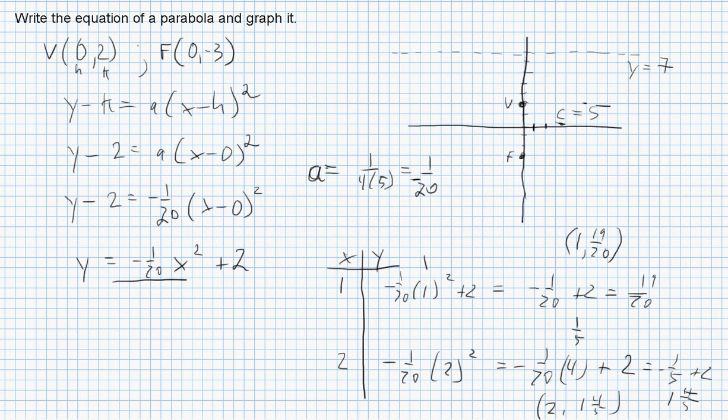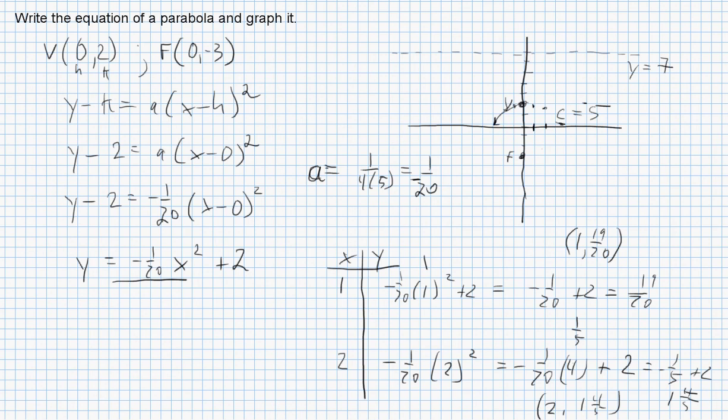So we go ahead and put those on up here. Over 1, up 19 over 20, that's just below the 2, so it's about right there. Then over 2, up 1 4/5 is just a little bit further down, about right there. Symmetry allows us to reflect this over and get a couple of points there and there.